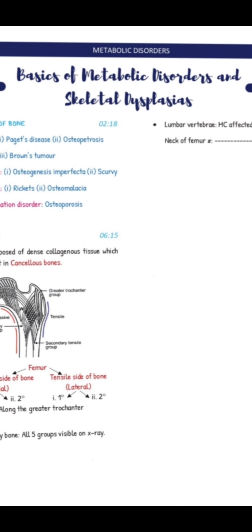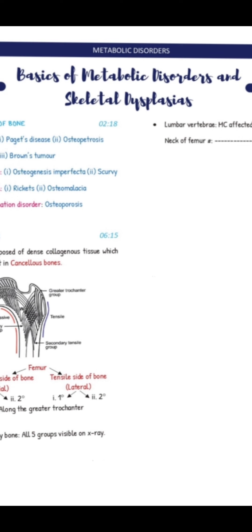The first point, composition of bone. So what are the things with which the bone gets composed? One is cells, second is protein, third is mineral, and fourth one is combination disorder.